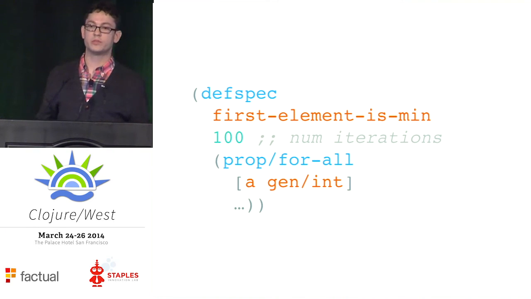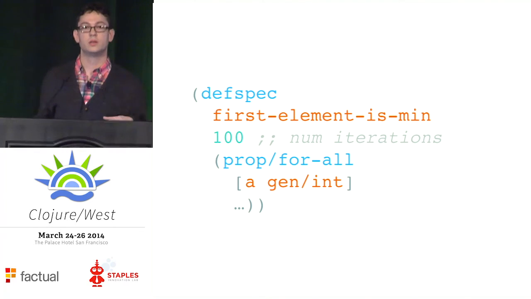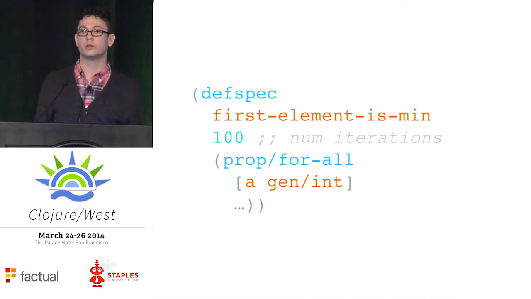We also have built-in support for clojure.test. Taking these tests and running them with lein test or whatever your favorite test runner is as simple as using this defspec macro. You just name the property, explain how many iterations you want, and then you just inline put the property in here, and this turns into a test that's runnable with clojure.test.